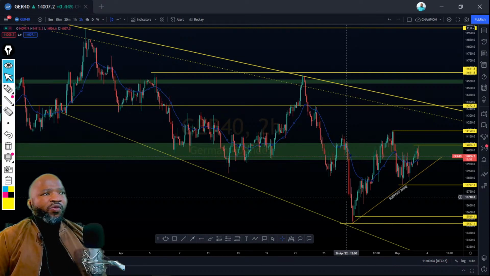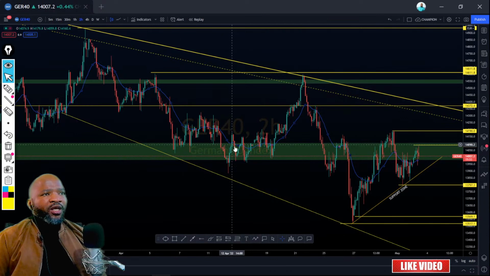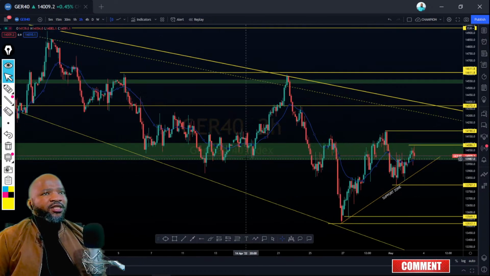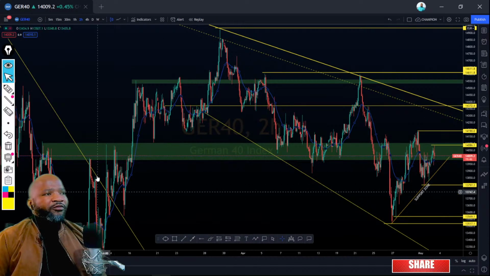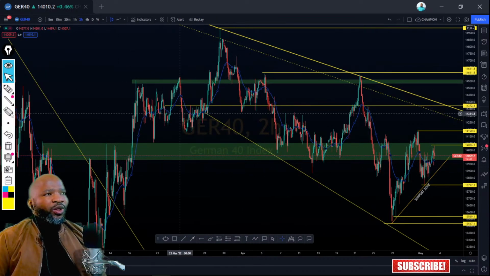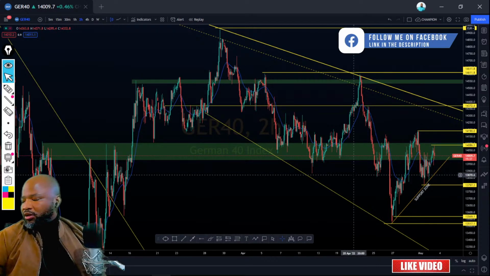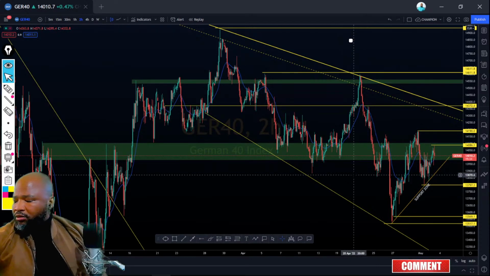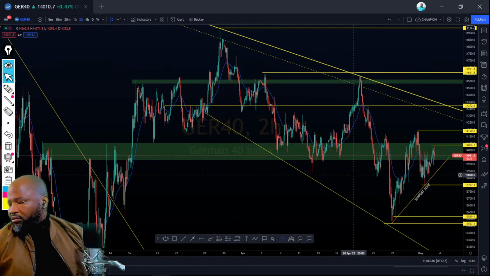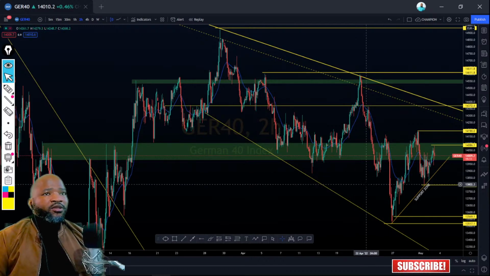When the price is below, as you can see, it was below here, we look for sales, and when the price pushes above the 21, as you can see right here, we look for buys or buying opportunity. I hope that makes sense.